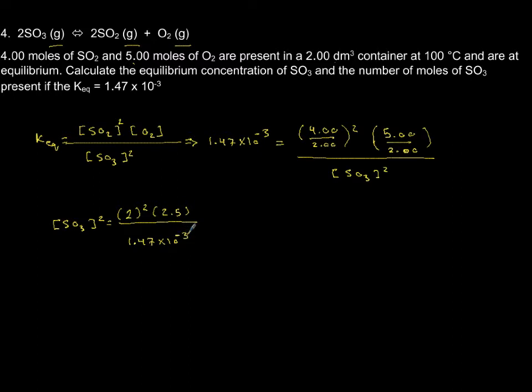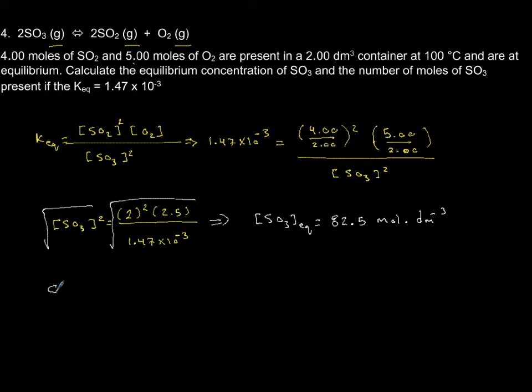Now if I take the square root of both sides, then I can come up with the concentration of sulfur trioxide at equilibrium, which is 82.5 mole per decimeter cube.